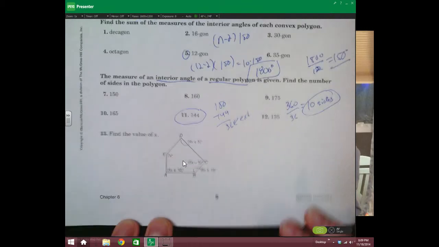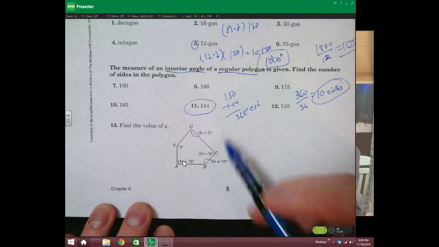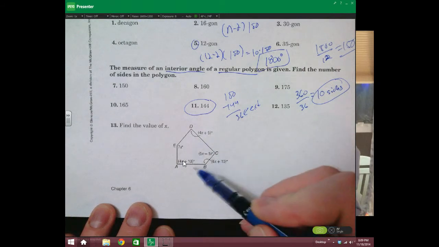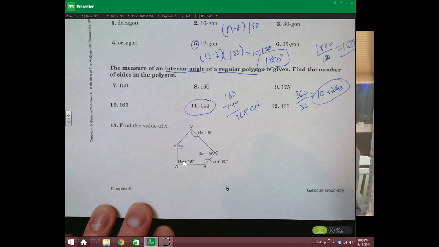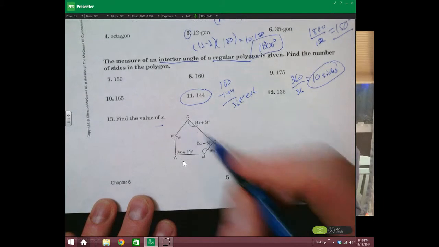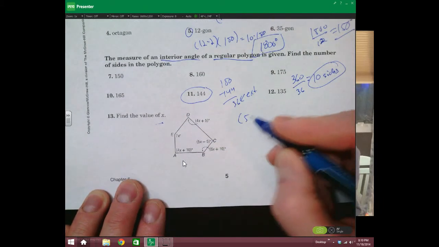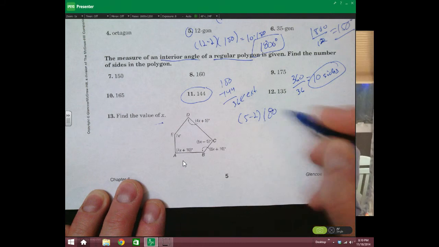For another problem, like number 13, I'm not going to go through the whole thing because I want to keep this short, but it's a 1, 2, 3, 4, 5-sided polygon. It's a pentagon. In order to find the value of x, we have to figure out how many degrees there are inside all 5 angles of a pentagon. So 5 minus 2 times 180.